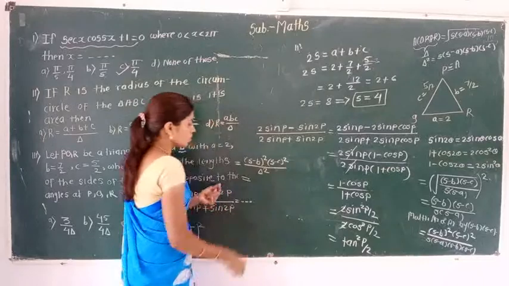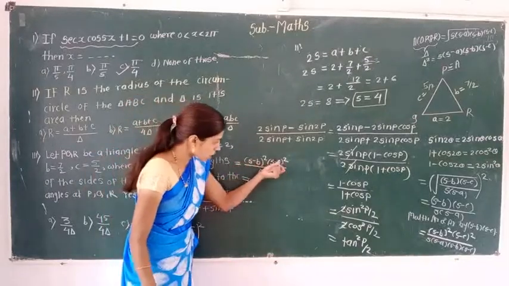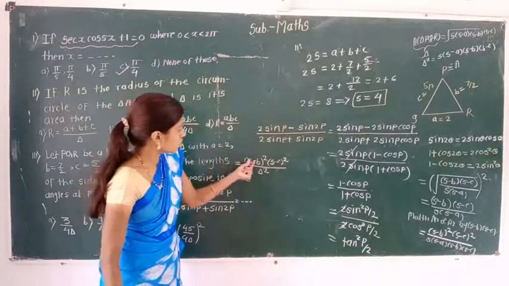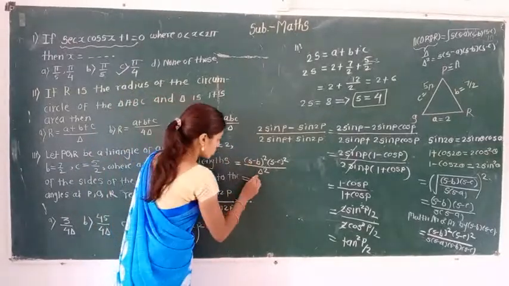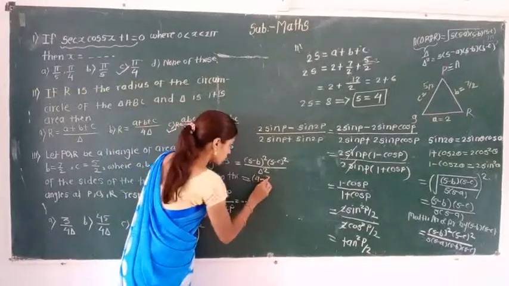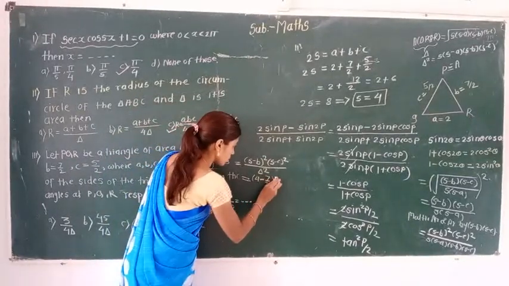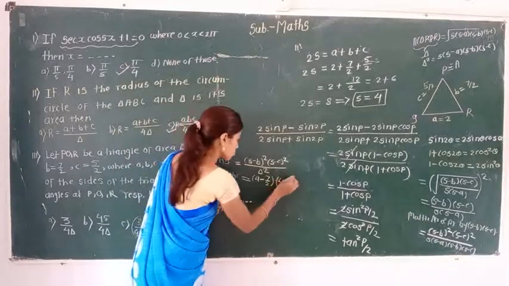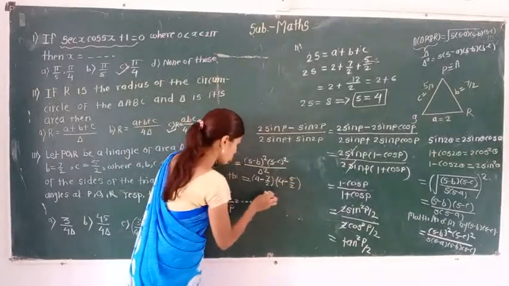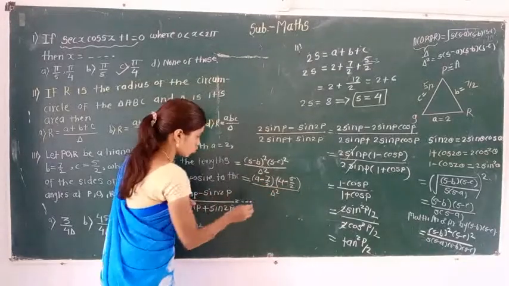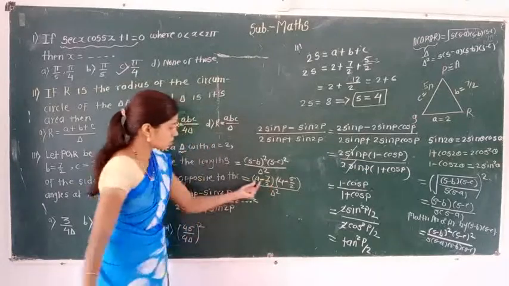So we know the values of s, b and c. Put all these values. We can write here s is 4, minus the value of b which is 7 by 2, into s is 4, minus the value of c which is 5 by 2, whole term divided by delta square. So simplify this bracket.